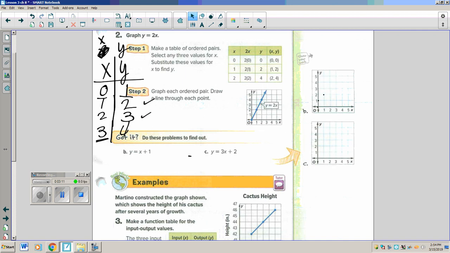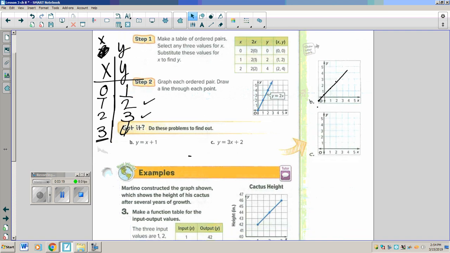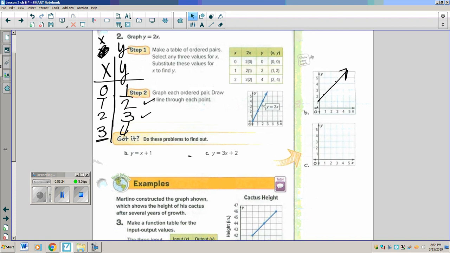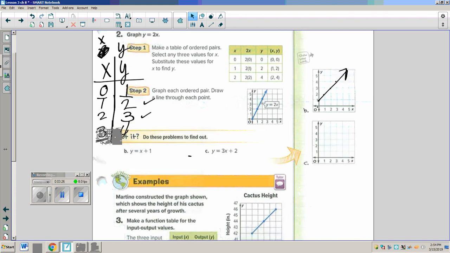Over 2, up 3. And the last one's over 3, up 4. Connect your dots. Oops. Don't move your book like I just did. Let's try that again. Write the equation on your line: y equals x plus 1. You just graphed that.